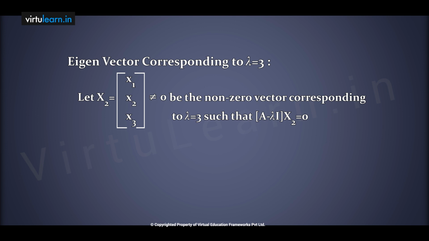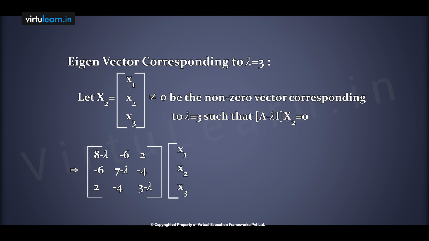Now matrix A minus lambda I is 8 minus lambda, minus 6, 2; minus 6, 7 minus lambda, minus 4; 2, minus 4, 3 minus lambda, into vector x1, x2, x3 equals 0, 0, 0. 0 means zero matrix. Now you substitute lambda equal to 3 in the above system.